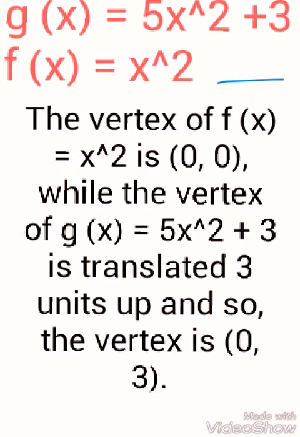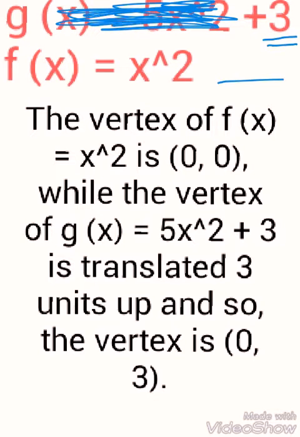And the vertex of g(x) equals 5x to the second power plus 3 is translated 3 units up, because if we block this number, we can only see 3, and that is the vertex.